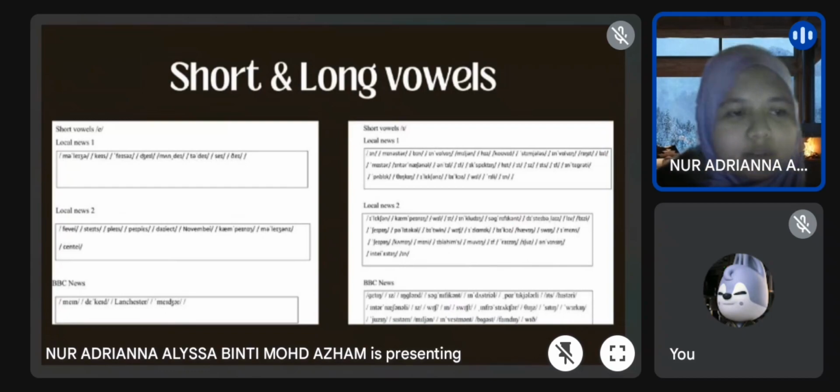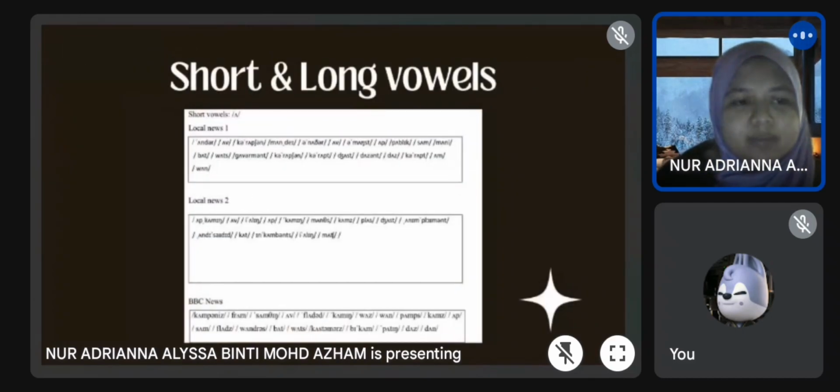We have a few examples from the first and second local news and also from the BBC news. In these examples, my group has put a few examples based on the short vowels, E, and the others. These are also the short vowel examples for R.